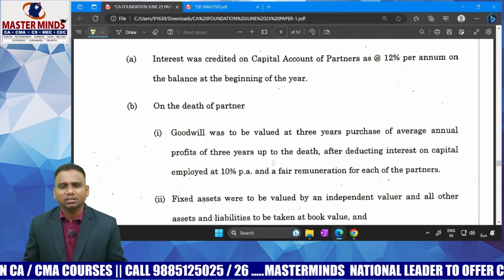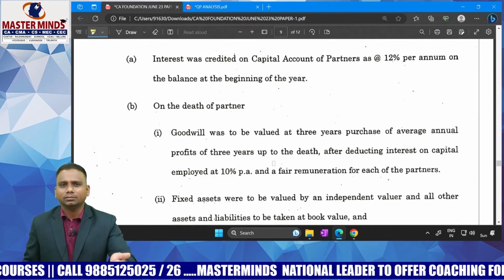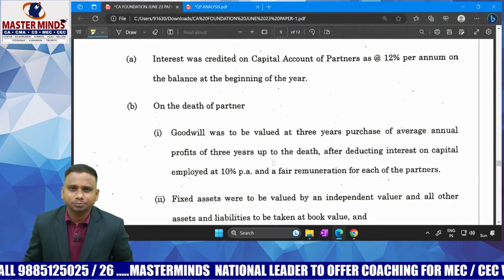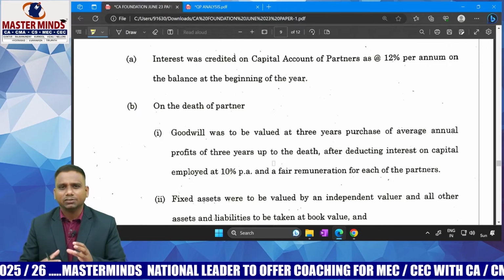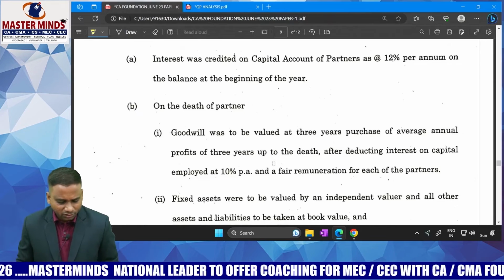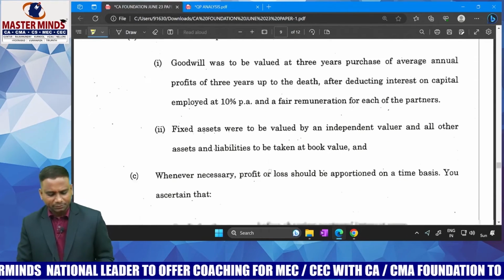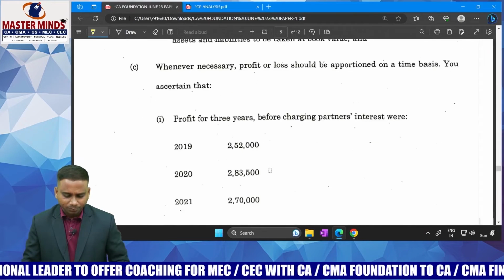One, goodwill adjustment. Next, till the date of death, we should identify the profit share and give it to the partner. At the same time, we have to revalue the assets and liabilities. Like this, we have certain adjustments. Out of the adjustments, look at it, they have already given some adjustments: A point, B point, okay. Next, C point. All these are adjustments, right?